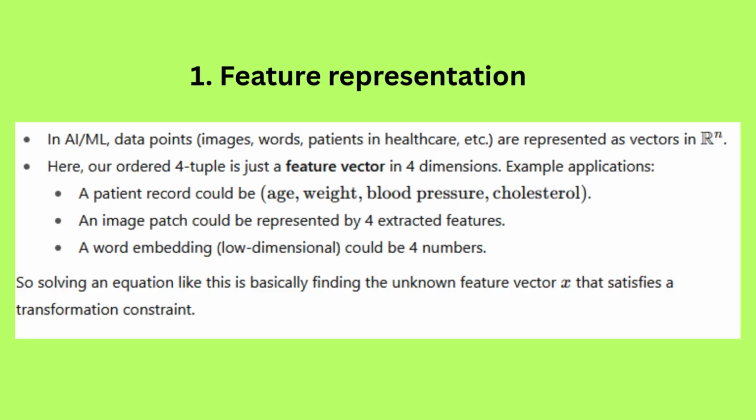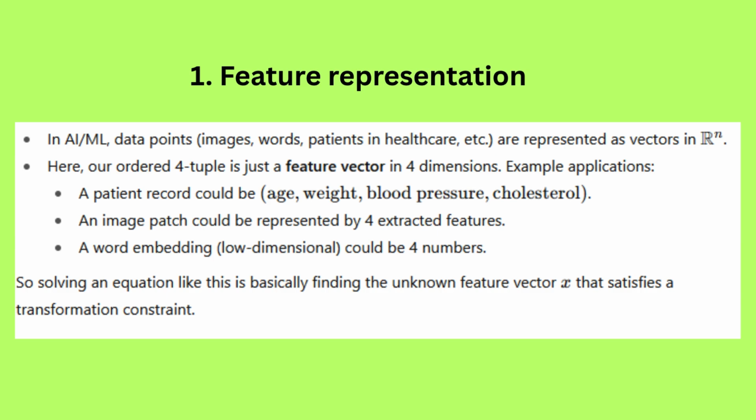It could be, if you think of an application, a patient record, which is age, weight, blood pressure, cholesterol. It could also be an image patch represented by 4 extracted features, or a word embedding in low dimensions, which could be 4 numbers. So solving an equation like this is basically finding the unknown vector x which satisfies a transformation constraint.